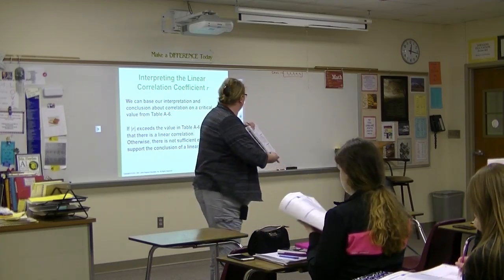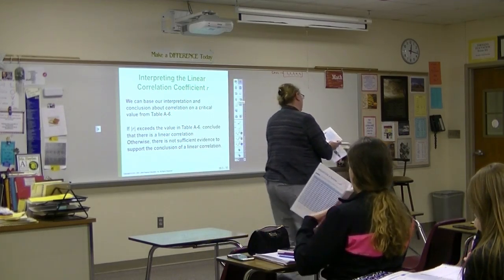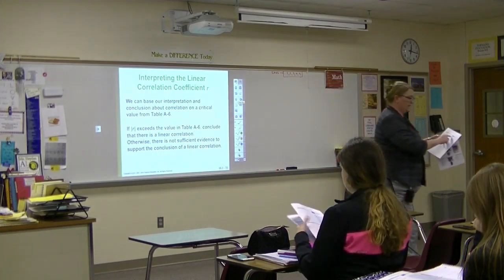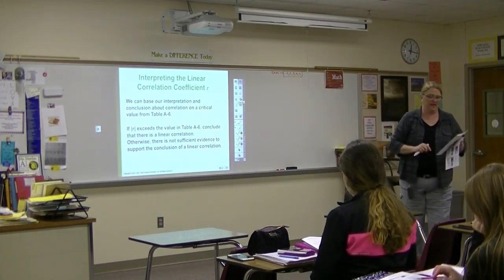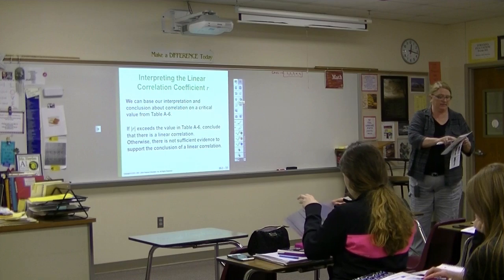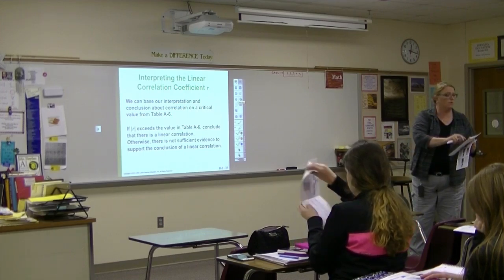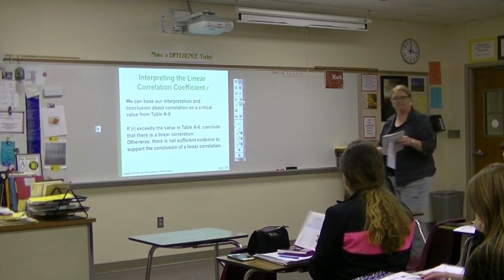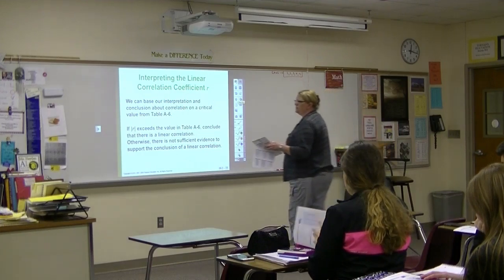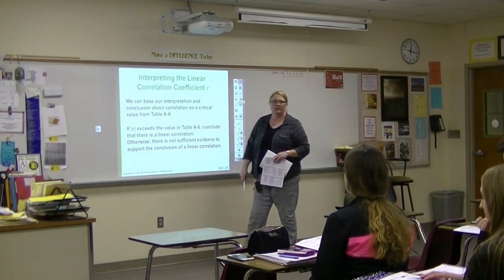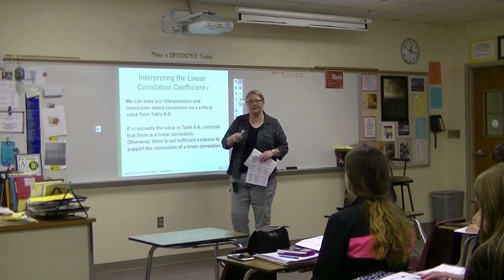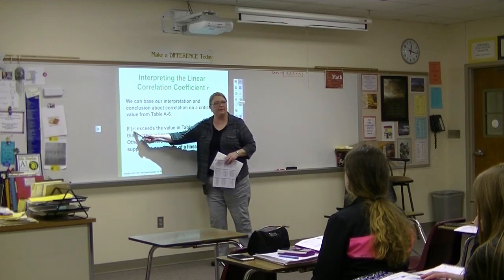All right. So it deals with N, and then we have to know the 2 levels of significance, either 0.05 or 0.01. Now these are the ones we're going to compare to. So if you take your R, positive or negative, we'll go with its absolute value.